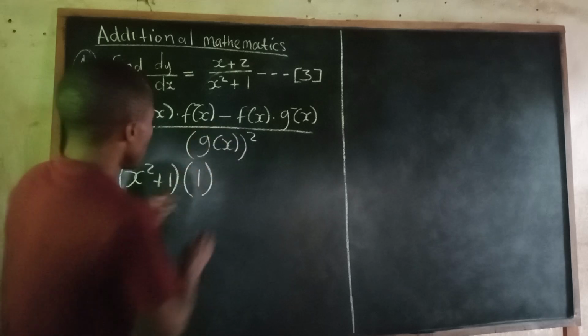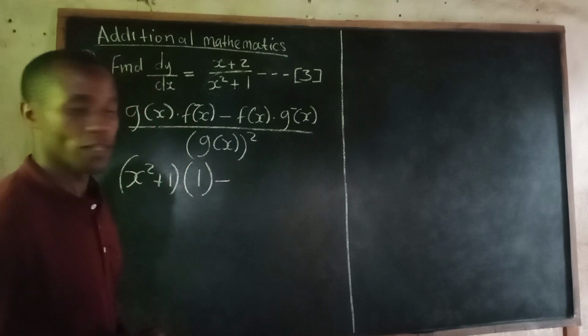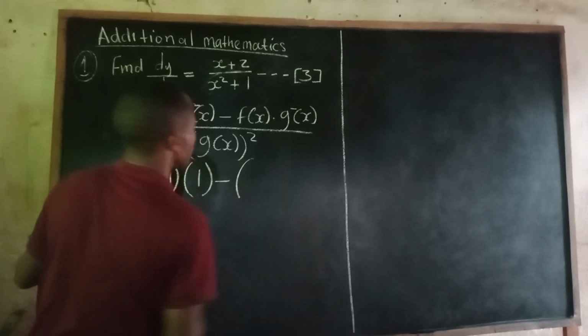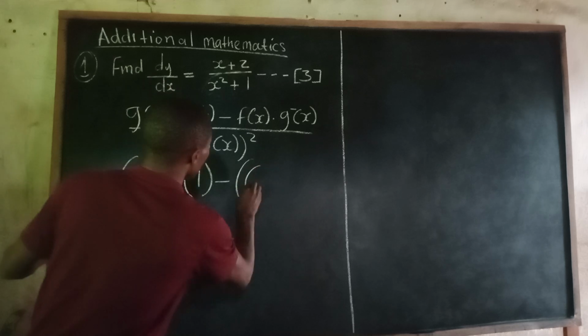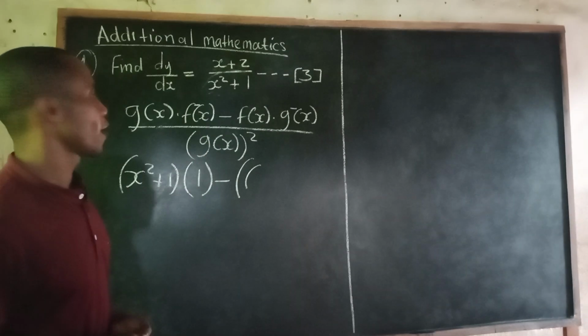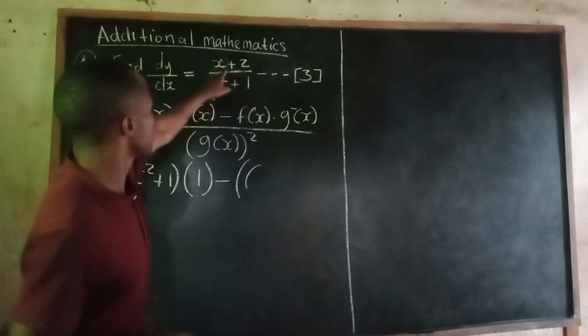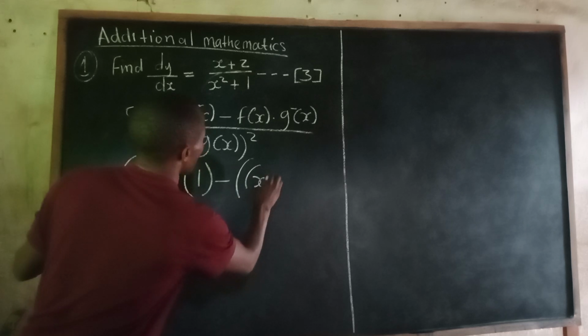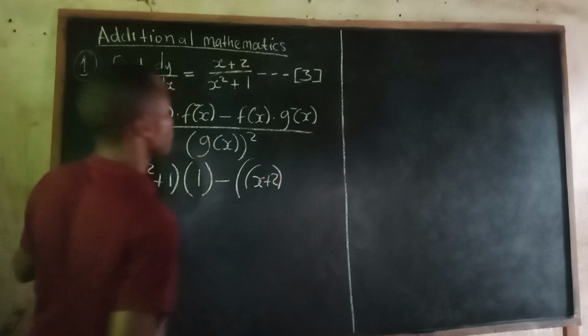Then you write the bracket, and inside it f(x), which is x + 2.